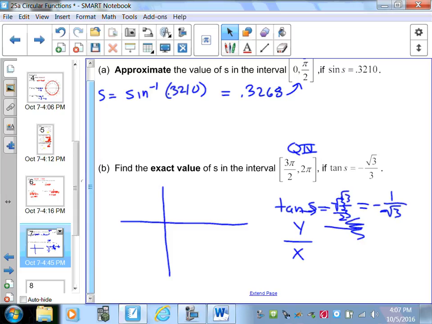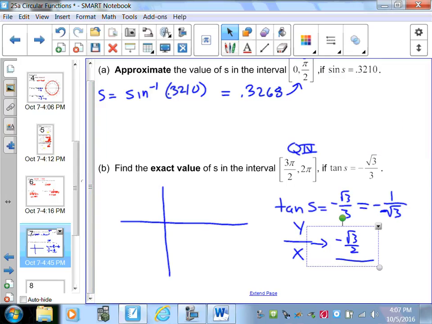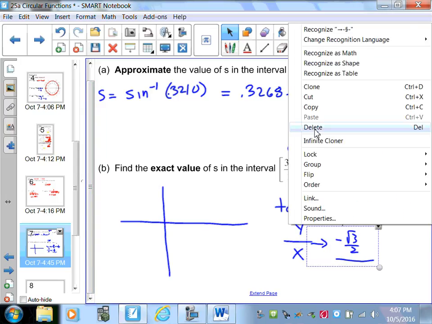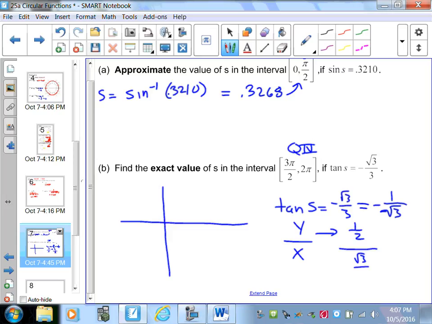Okay, so, sorry about that. In order to get that 1 over root 3, you would have had to have a 1/2 at the top and a root 3 over 2 at the bottom.